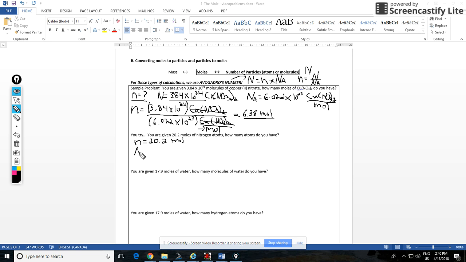You're also given, because you always know this, it doesn't change, it's a constant, Avogadro's number, 6.022 times 10 to the power of 23 particles per mole. And the particle I'm dealing with in this case are nitrogen atoms. So I'm going to put N per mole.